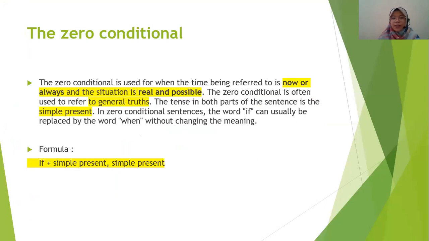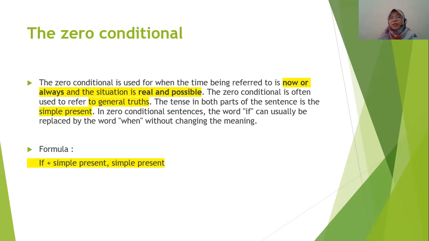The zero conditional is used when the time being referred to is now or always and the situation is real and possible. So normally in a text that uses the present tense, you will find the zero conditional sometimes in the middle of the text.